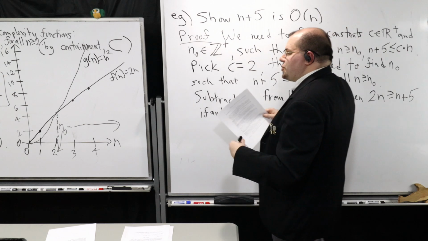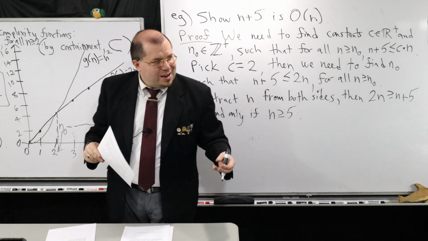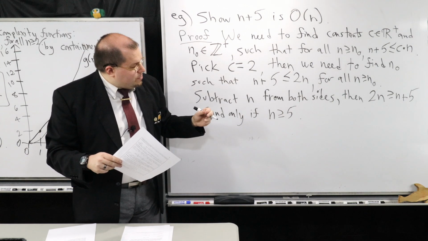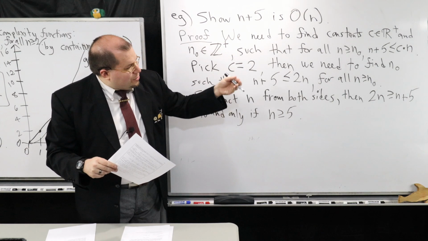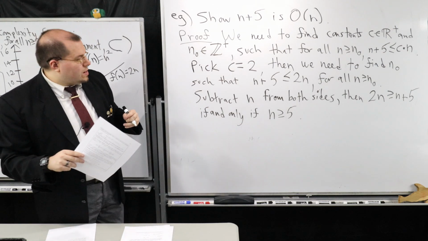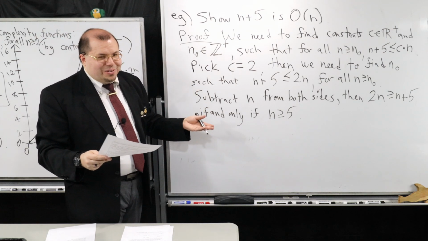Notice that if I subtract n from both sides of this inequality, you end up with n is greater than or equal to 5, because there's an n on the right-hand side over there.